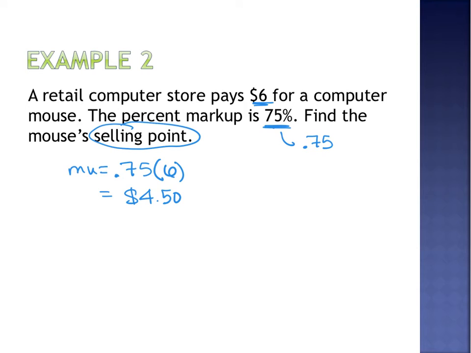Now we want to find the selling price. The selling price is equal to our markup, which is $4.50, plus the original $6 that the store paid. This gives us a selling price of $10.50.